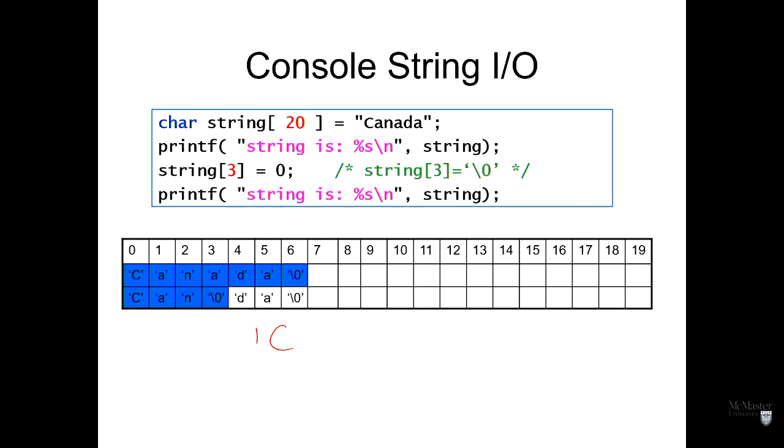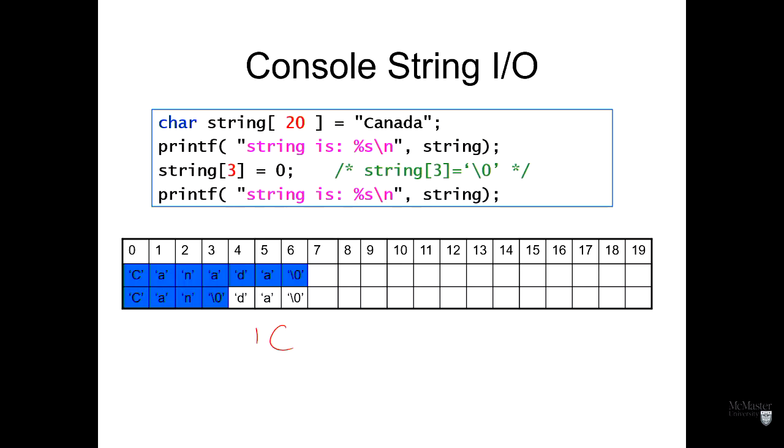What I'm doing next is saying element number 3 in this array, put as 0. 0 is the integer value of the ASCII code of the null operator. So if you define a character as 0, it's completely equivalent to defining a character as the null operator.